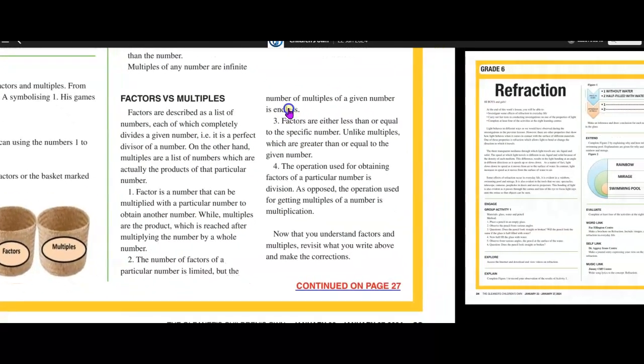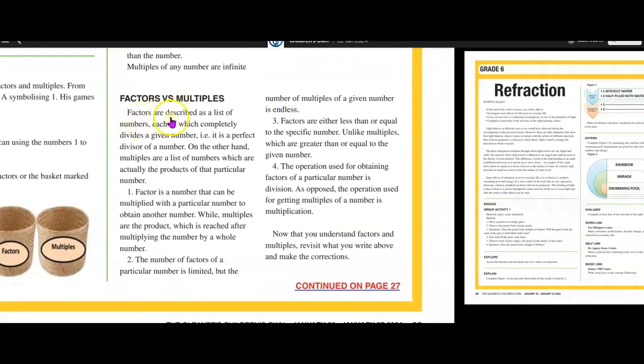Factors now versus multiples. Factors are described as a list of numbers each of which completely divides a number. That is, it is a perfect divisor of a number. On the other hand, multiples are a list of numbers which are actually the products of that particular number. 1.